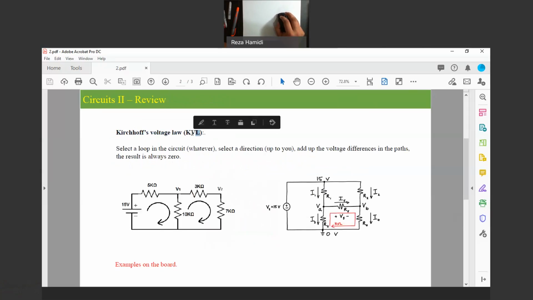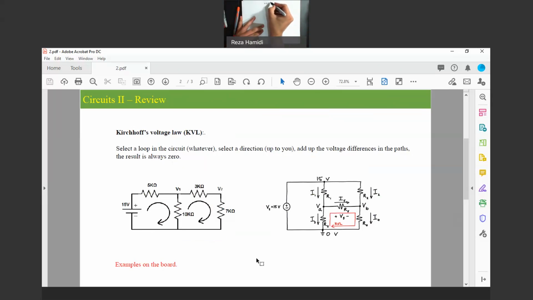Let me go over KVL, Kirchhoff's voltage law. KVL. What that means? That means whenever you have a loop, circular thing, but it must be closed, of course. If you sum up all of the voltages along that one, the sum is always zero. Let me write it here.